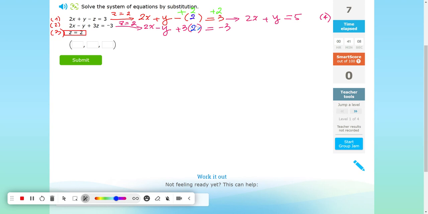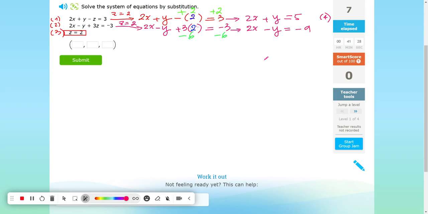Now you can see 3 times 2 becomes 6. I want to get rid of that number 6, so I subtract 6 on both sides. I come out with a new equation right here: 2x subtract y equal negative 9.